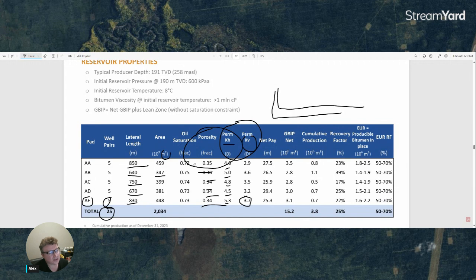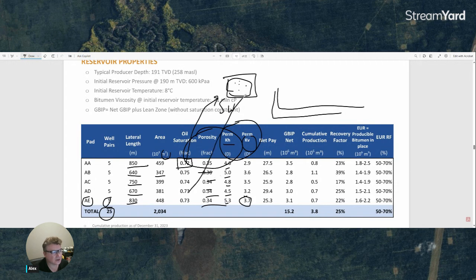But now you have to take into account the overall porosity and the saturation, how much oil is saturated in this block. If we have the sand here, we have a certain saturation in that porous media. So if you have 0.72, so 72% oil saturation, then you'll have 28% water saturation.